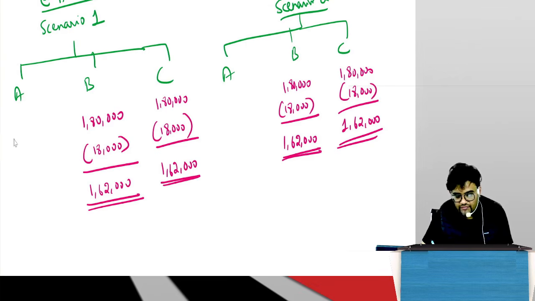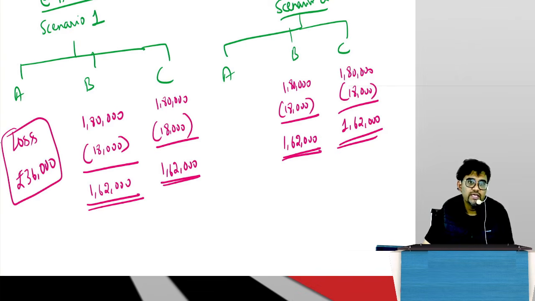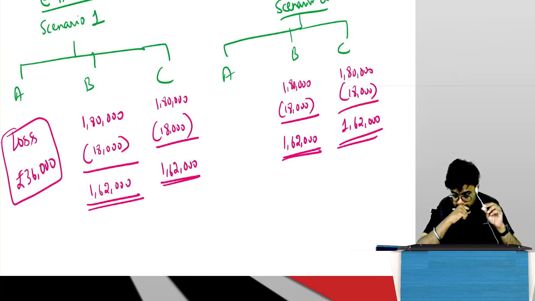So guys, in the first example, there will be a loss of 36,000. Single asset method. B and C will continue. A will remain the same. A is a loss, 36,000.